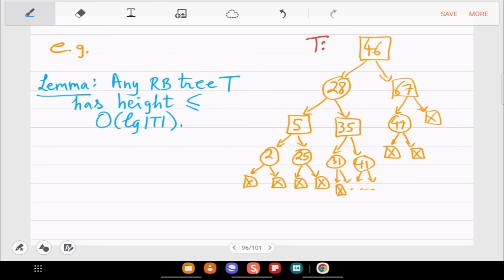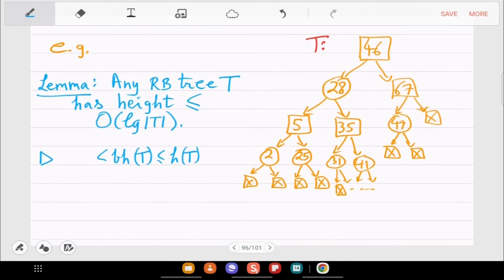Yeah, so maybe one small property you should observe. What is the connection between black height and height? Yeah, so that is the correct call. Let me have both the bounds. So black height is at most the height.